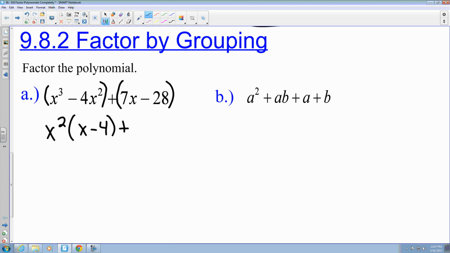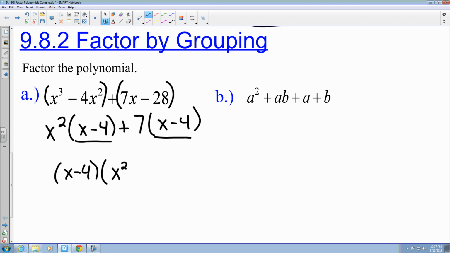I can take out a 7, which then leaves me with x minus 4. So here I have, again, it's just like we had up top in those first examples. So now I can factor this out because I have a common binomial of x minus 4. So now I have x minus 4 times x squared plus 7.